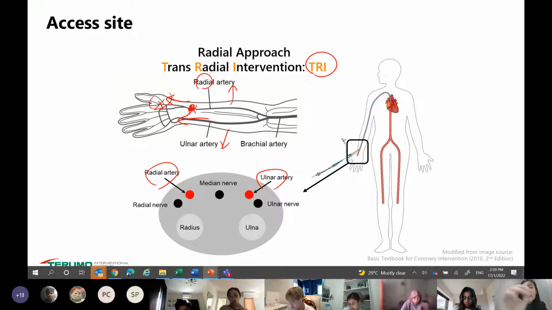But if you go as distal as you can, the damage caused, if any, will be much minimized. So typically they use radial because they have ulnar as a backup for blood supply to your hand. But recently they are trying to move even further down to improve the patient's satisfaction.